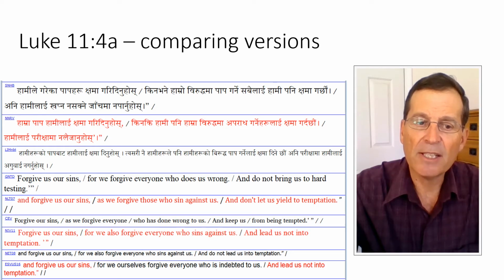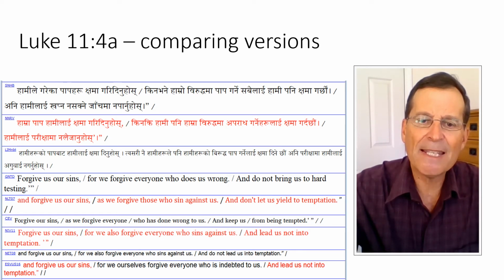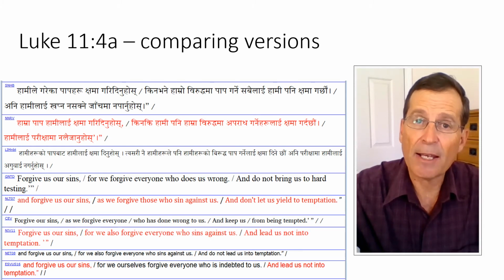NIV, "Lead us not into temptation." NET says the same, "Do not lead us into temptation." And also ESV the same with temptation. So we see that only one of the versions, G&T, used hard testing. All the other versions had temptation.